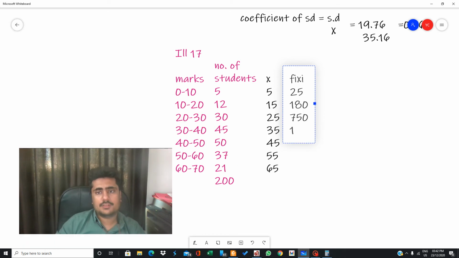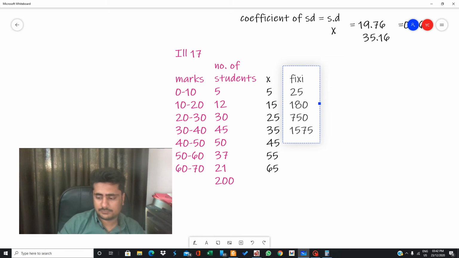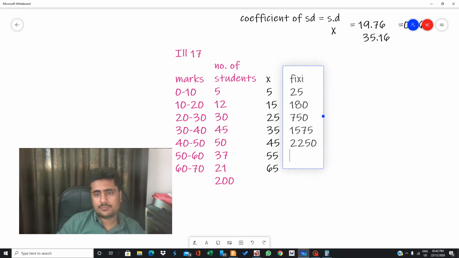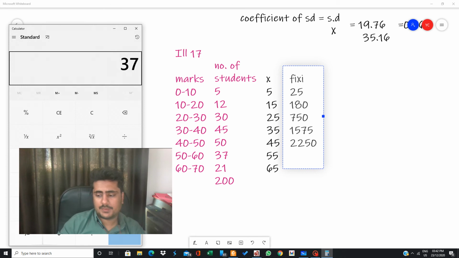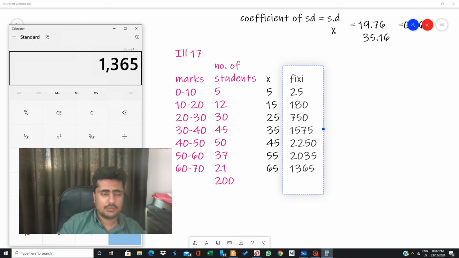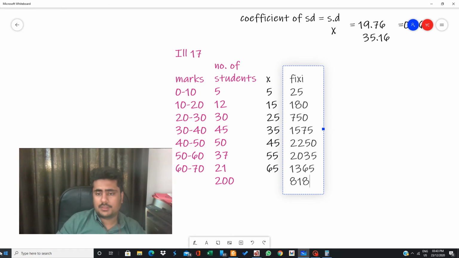45 into 35 is 1575, 50 into 45 is 2250, 37 into 55 is 2035, 65 into 21 is 1365. So my total for fi xi is 8180.